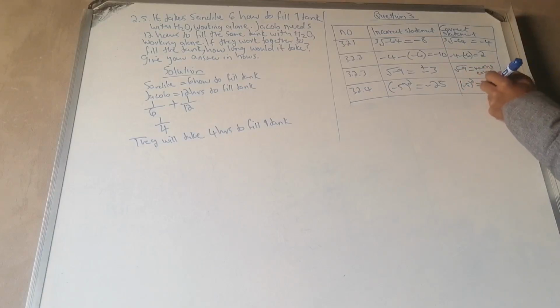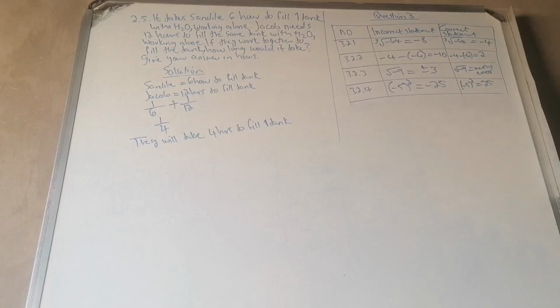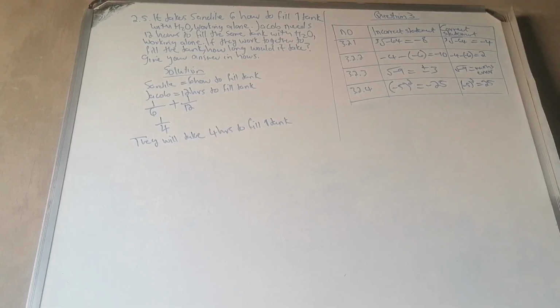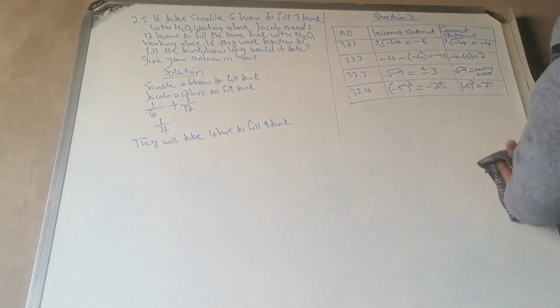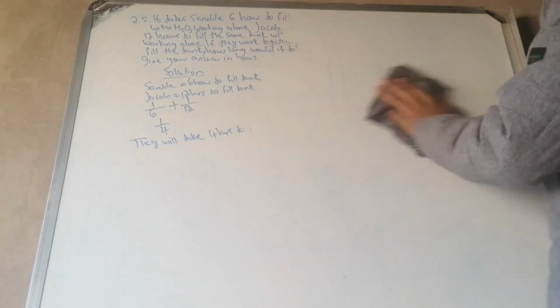Positive 25. This is the correct version of the incorrect statement. Let me give you a chance to copy, and then we will continue, because we are done with all this.